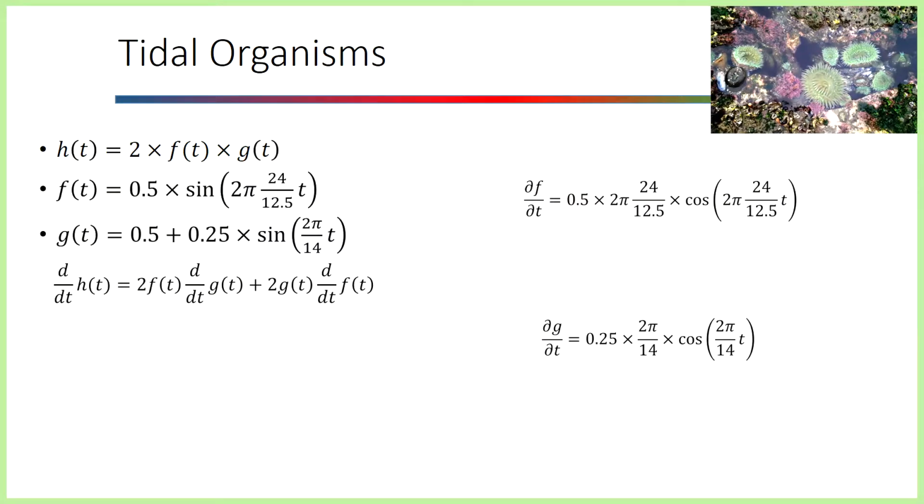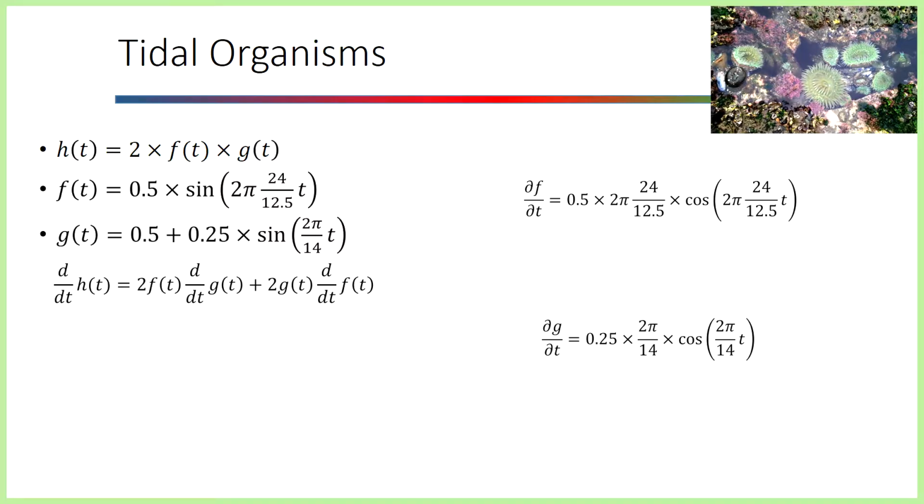Next, we need to use our equation for the derivative of the product of two functions. We already calculated that the derivative of h of t is equal to 2 times f of t times the derivative of g of t plus 2 times g of t times the derivative of f of t.